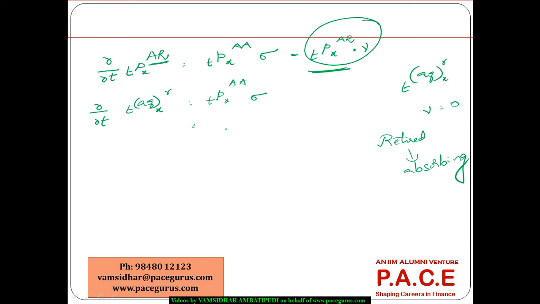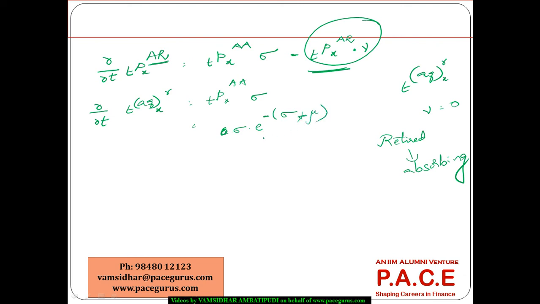And what is T P X A A? We have already got it as e to the power of minus the summation of all the transition intensities: towards retirement it is sigma, and towards death it is mu.